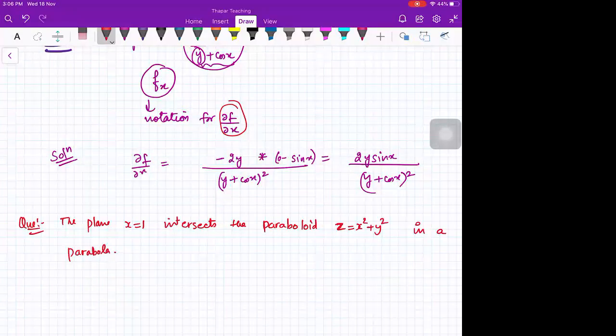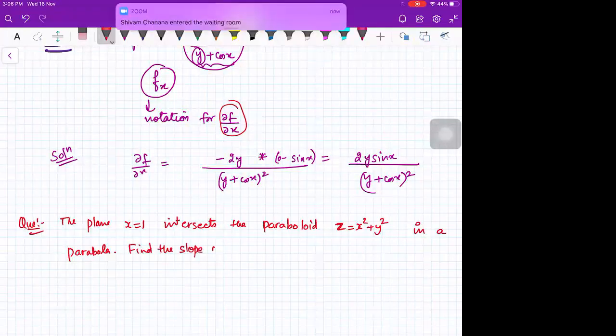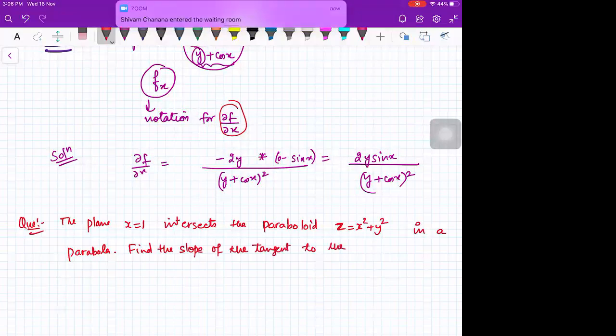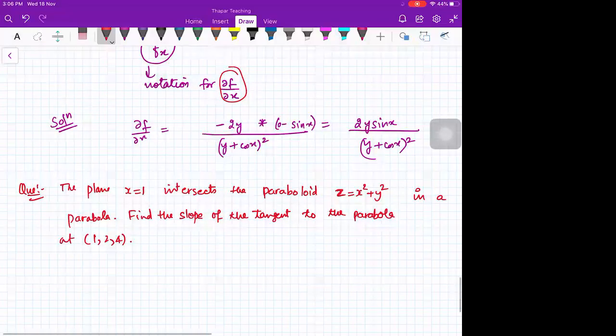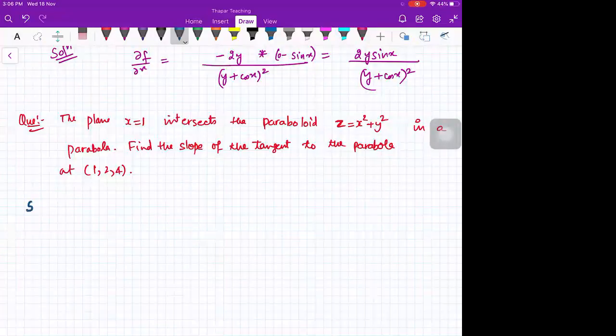Find the slope of the tangent to the parabola at (1, 2, 4). Can you read the statement, understand what is being asked, and relate it with partial derivatives? Ma'am, for getting the slope, we have to use del of y.